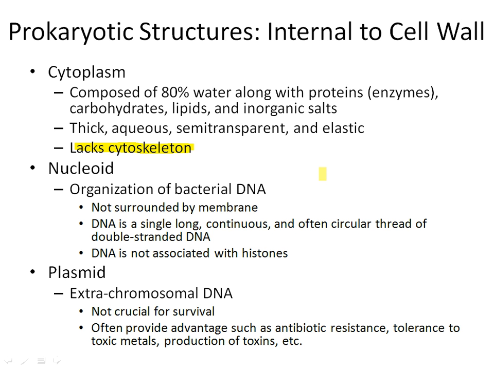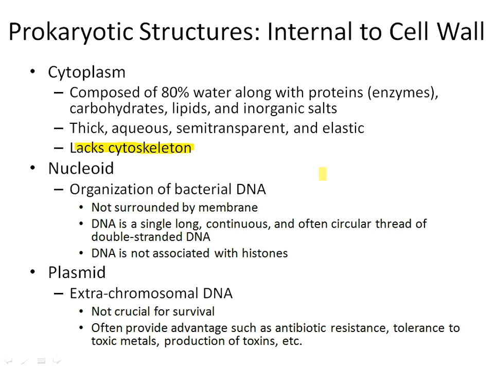They house what we call extra genes, things that help them have an advantage to survive. So let's say I've developed antibiotic resistance. I'm going to store those genes on a plasmid. Number one reason is I don't have to have it, so I'm not going to mess with my nucleoid because I don't want to mess up my essential genes.